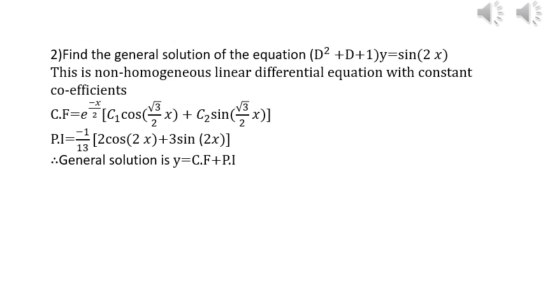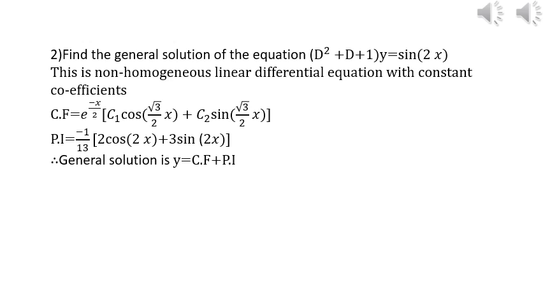See, in case the right hand side function is sin ax or cos ax, we need a D square term in the denominator. But here we have D, we don't have D square. So to make D square, multiply and divide by D plus 3. How did I get this D plus 3? By changing the sign in any one of the two terms, not both. We have D minus 3.